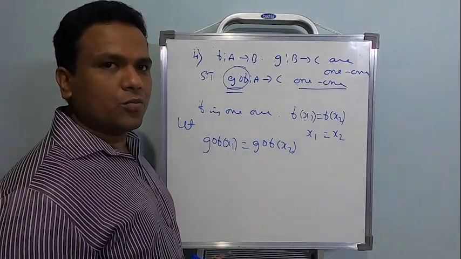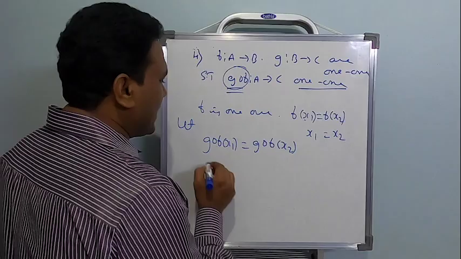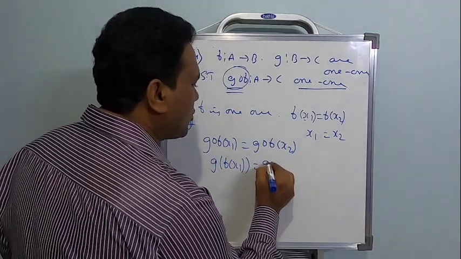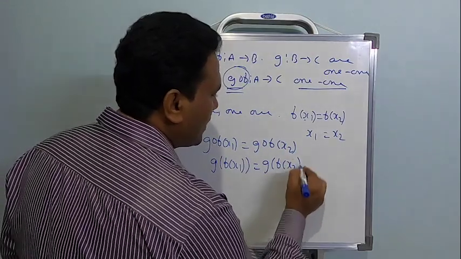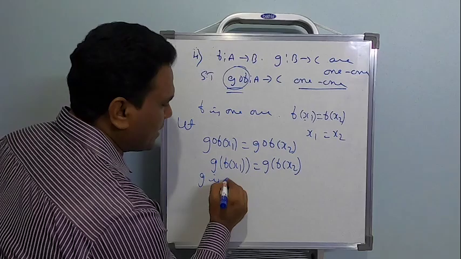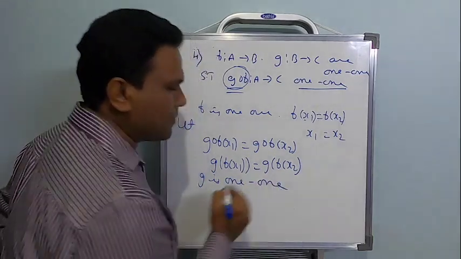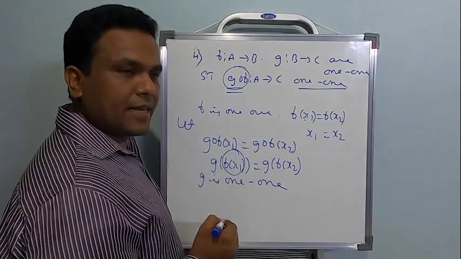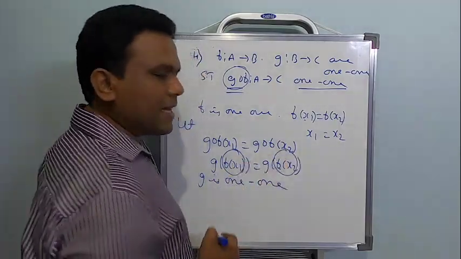What is the need to show me as 1-1? So let me rewrite this. g of f of x1 is equal to g of f of x2. Remember, g is already 1-1. So inside g, what is there? You take it as x1, and here this should be taken as x2.